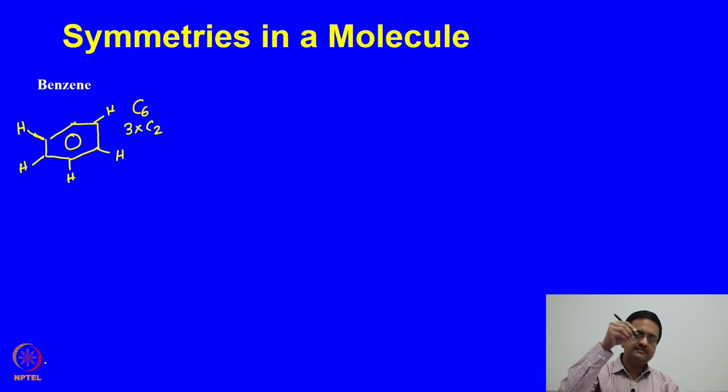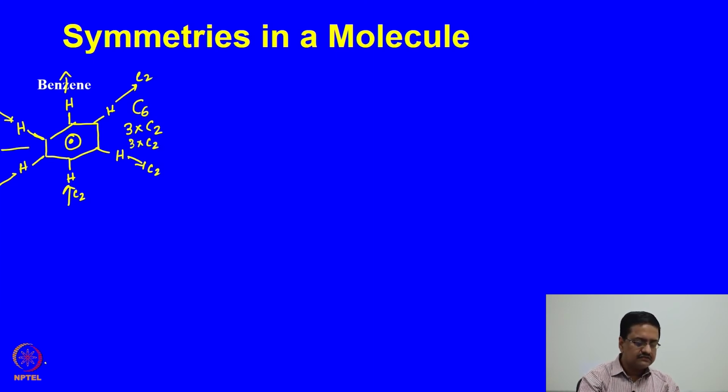because C6 is passing through the center of the ring and perpendicular to the plane of projection. C2s are going from one hydrogen to another hydrogen across the molecule. Those are C2s. There are other 3 C2s, that means 6 C2s, which are bisecting the molecule like that.